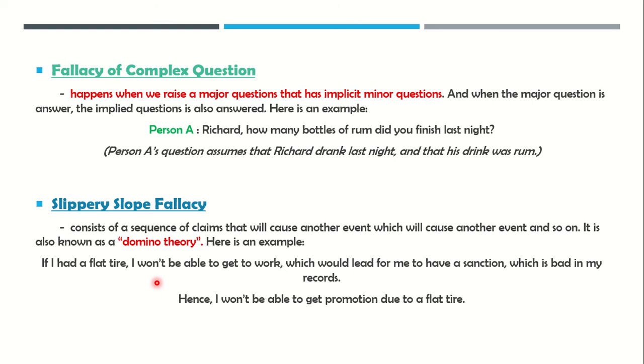So it is like you're trying to take an initial premise and take it through a chain of consequences, until you arrive at an unacceptable, undesirable, or disastrous outcome. Like for example, premise A leads to premise B, which leads to C, which leads to D, and so on.